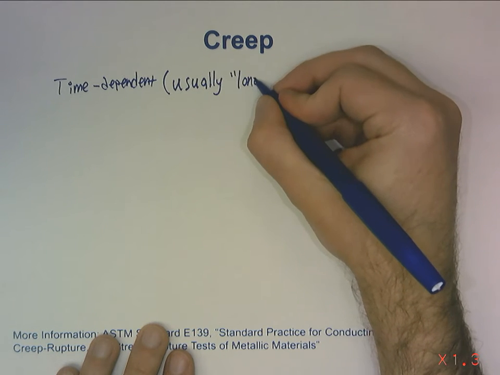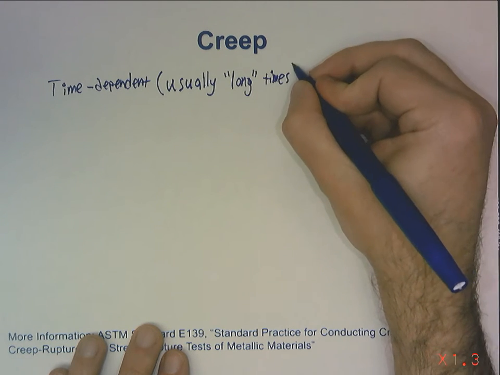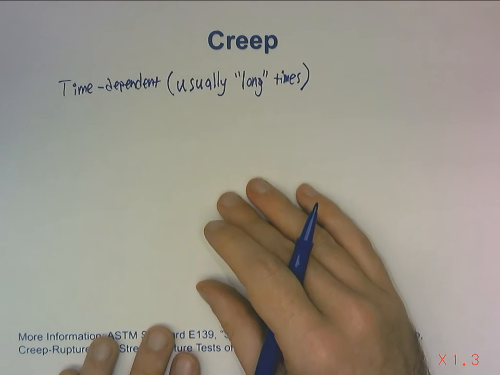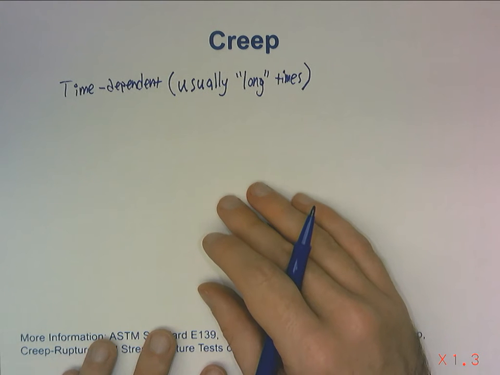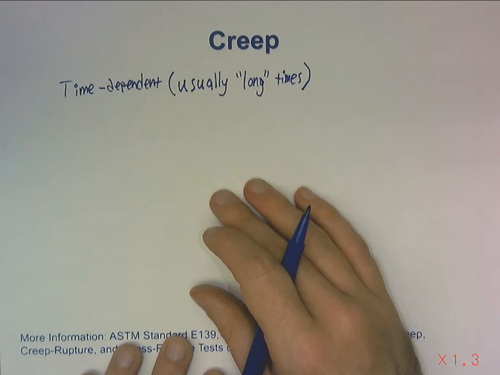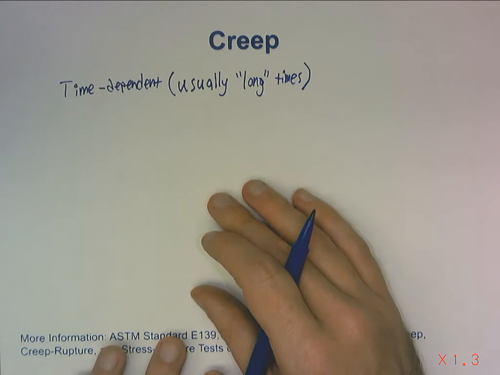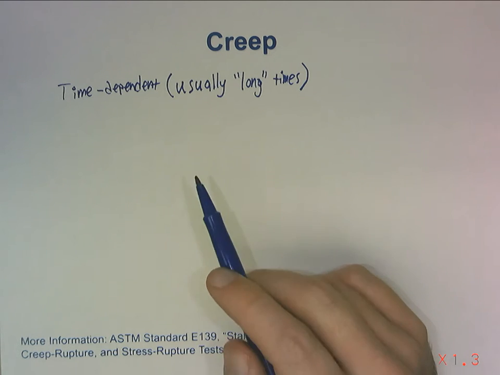We're going to say long times. Right? Creep failures can take up to months or even years, depending upon the situation. They can also happen very quickly, but usually we see them in situations where they're stretched out over a long period of time.